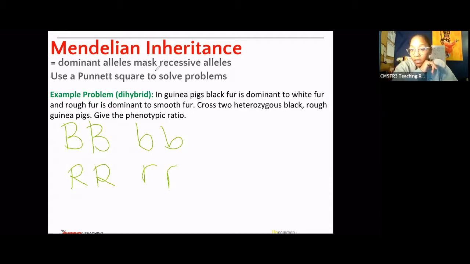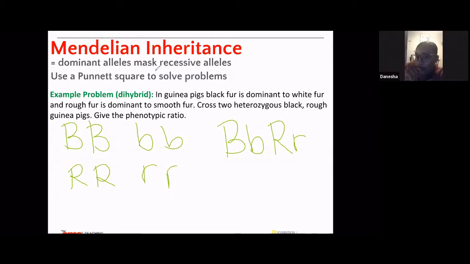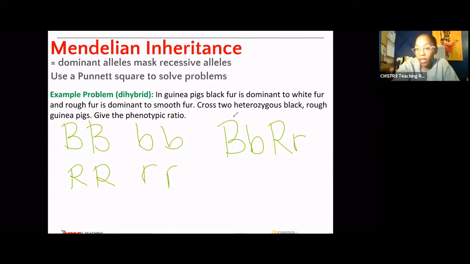However, this wants us to cross two heterozygous guinea pigs. So that means the genotype for each of our parents is going to be this. Right. Each of the parents, because they're heterozygous, each parent will have a dominant and recessive of each of the alleles.